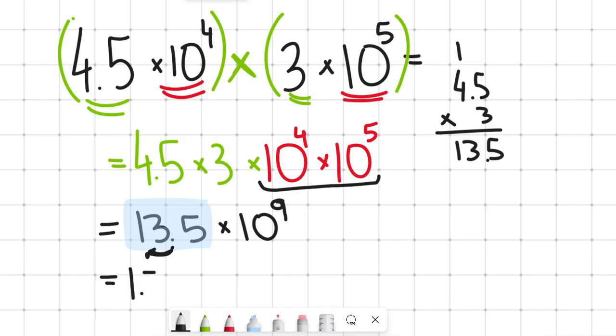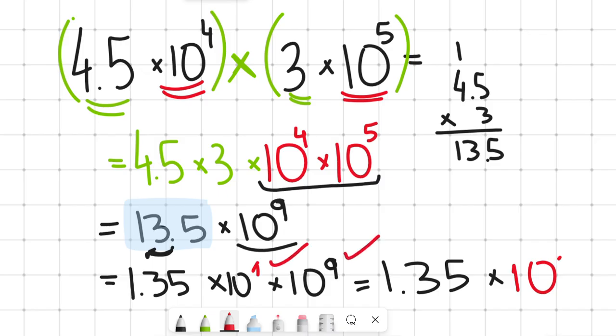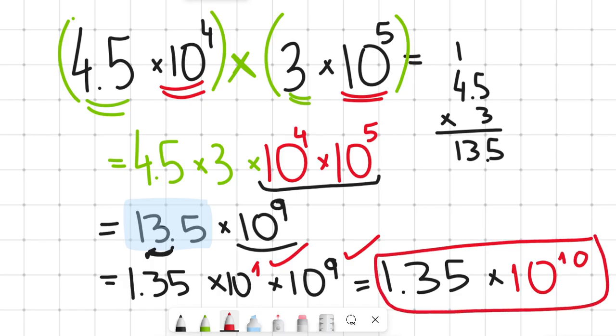So it will be 1.35 times 10, and then we copy 10 to the power of 9. That basically means that we have 1.35 times, here there is exponent 1. We know that already, right? So it will be 10 to the power of 1 plus 9, which is 10. And here is the final answer.